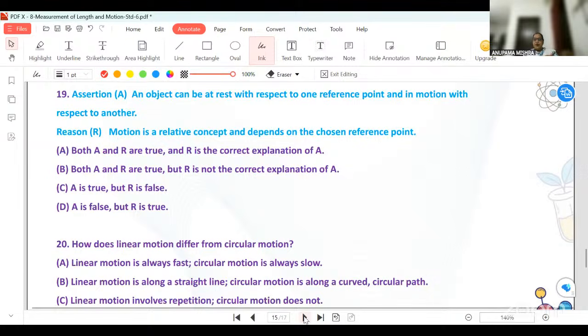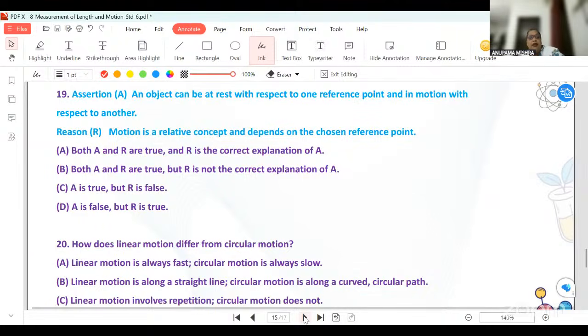So who is the reference point here? I am. With me as the reference point, I am moving, so all those people are at rest. But motion is a relative concept and depends on the chosen reference point. So both A and R are true, but R is not the correct explanation of A. Both are correct. Motion is a relative concept. I'm sorry, I said it is not a relative concept. It is a relative concept and depends on the chosen reference point.